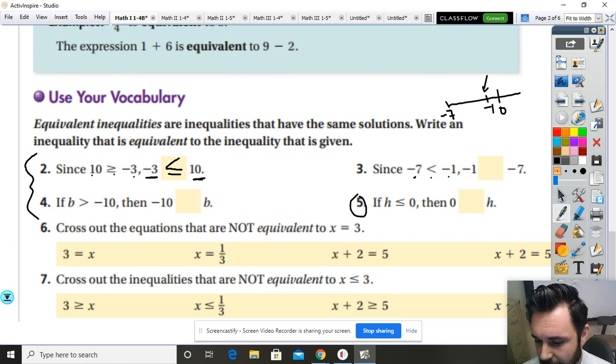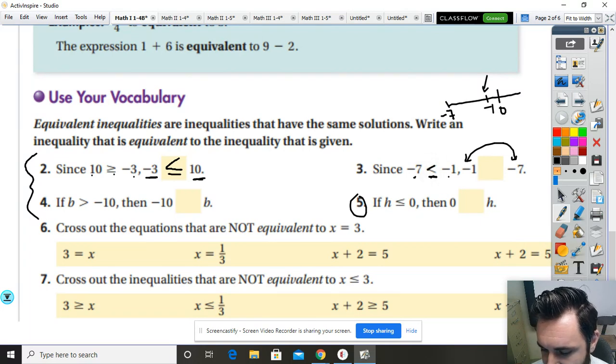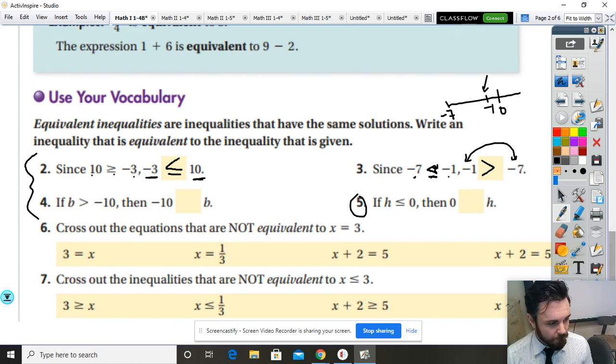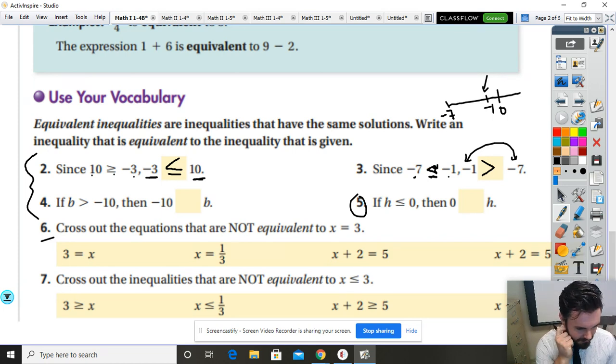When we flip the numbers around, we keep the inequality. Notice the mouth, those are teeth, and it's eating the larger one. So in this case, it's eating -1. All right, cross out the equation. I'll let you guys do 4 and 5.